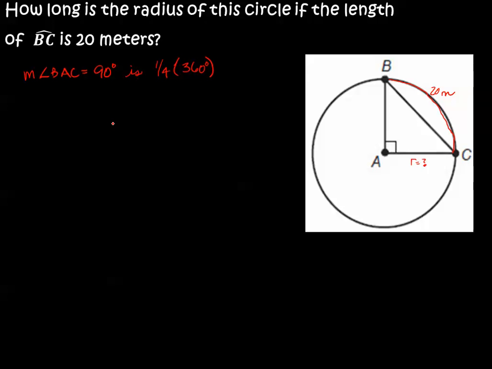If you take 360 and divide it by 4, you're going to get 90. Okay? So that means the measure of this arc, let's put it right here. And I'm just writing this down in case I need it. I don't know yet if I'm going to need that information or not. Just writing down things.